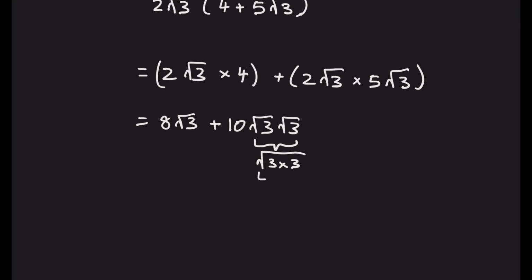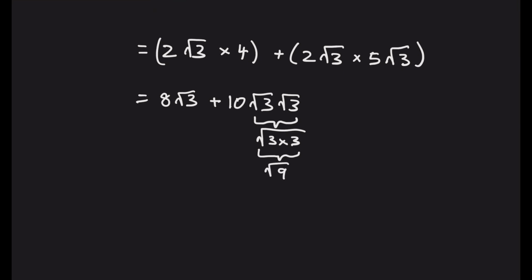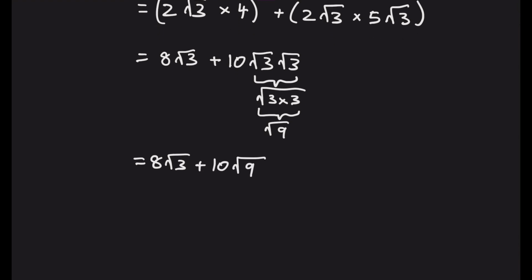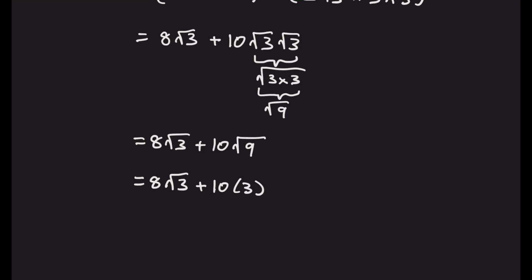And that's really just root 9, right? 3 times 3. So we can replace root 3 times root 3 with root 9. And root 9, it's a perfect square. Root 9 is just 3. And then you just keep on simplifying. 10 times 3, 30, until you can't anymore.